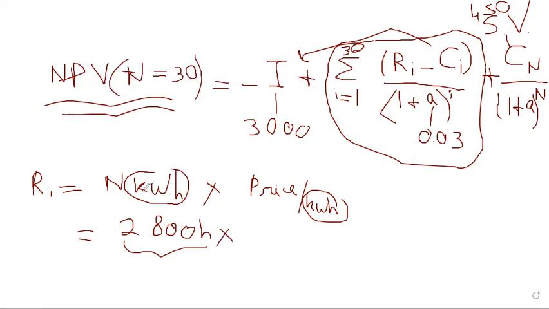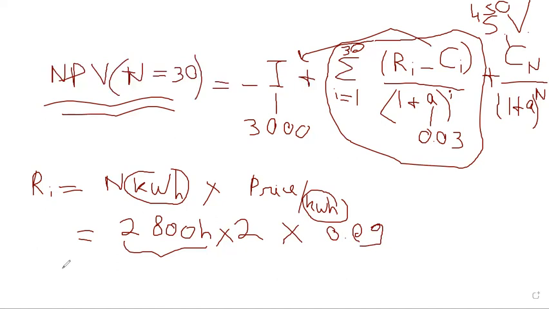In case you have the power in watt, don't forget to convert to kilowatt. Already here, we have it in kilowatt. It's a 2 kilowatt turbine. So we just have to multiply by 2 times the price per kilowatt hour, which is 0.09. Okay, so now we have the value of our RI.